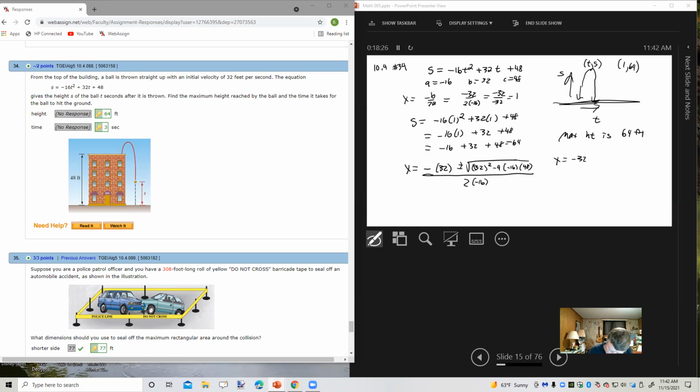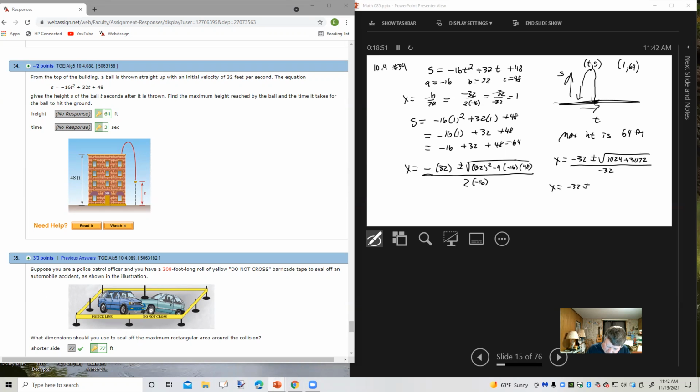X equals negative 32 plus or minus the square root of, let's see here, 32 squared is 1024. And then we've got negative 4 times negative 16 times 48, which is plus 3072, all over negative 32.